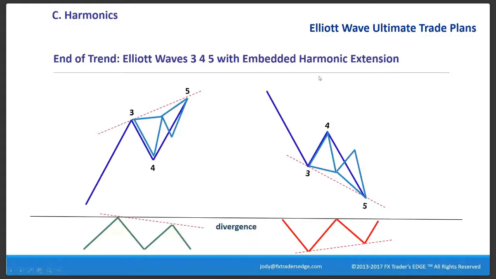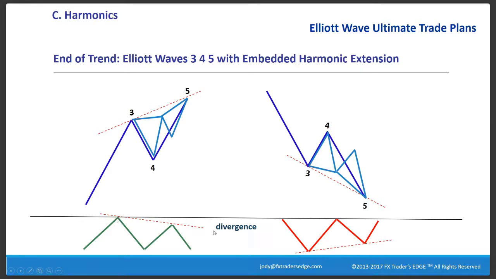I just want to talk a little bit about harmonics. If we have this 3, 4, 5 pattern, what we can also do is find a harmonic pattern to help us determine what the end of the 5-wave sequence is going to be. And we also use divergence.